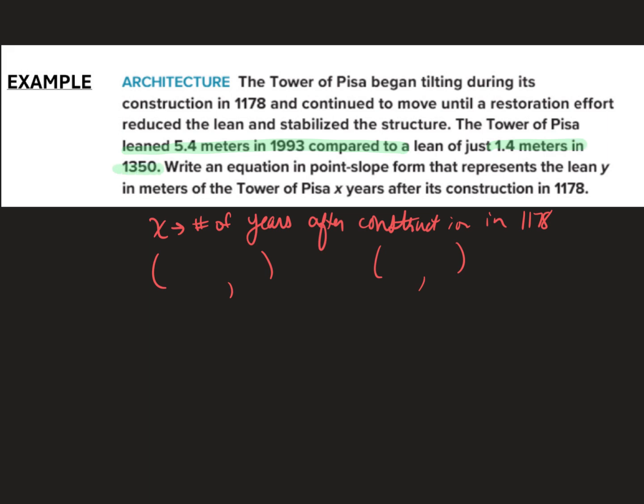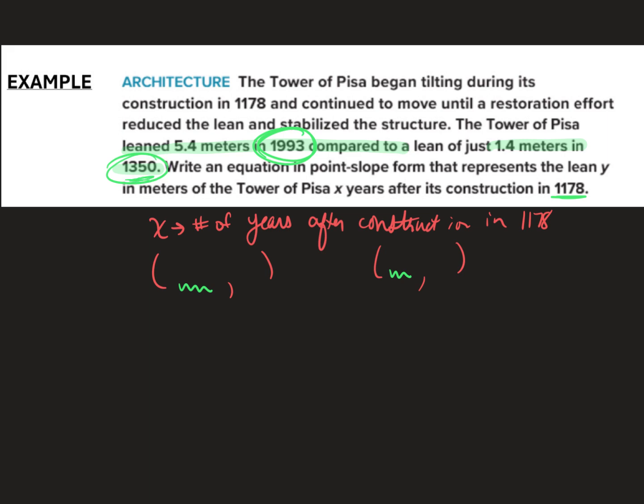So the first thing that we're going to want to do is look at these x values, 1993 and 1350. We want to figure out what will go here and what will go here. We have to subtract 1178 from 1993, and we also have to subtract 1178 from 1350.